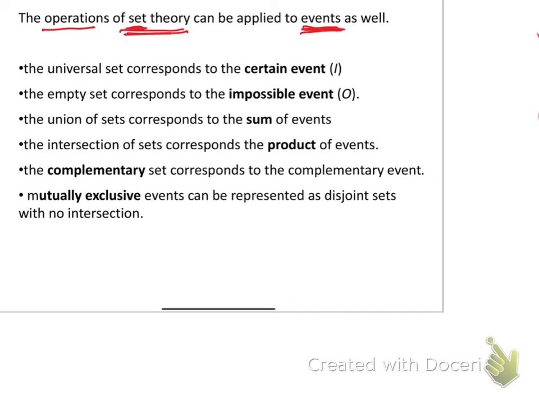Here the first example which they have given is talking about the universal set. Universal set means everything which I have, the domain which I'm working in, all the possible answers or solutions, or all the possible elements. Universal set corresponds to a certain event. What does it mean, certain? Certain event means I'm sure 100% it will happen.